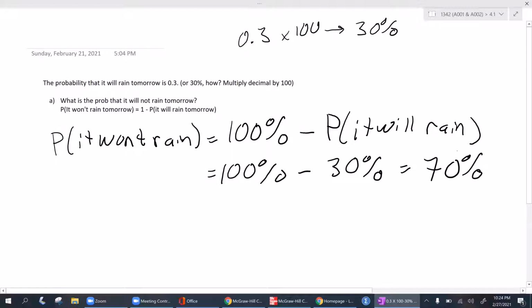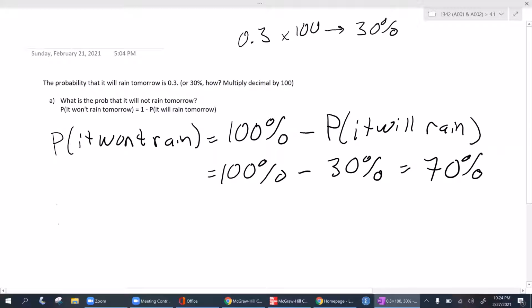And this is how you solve this numerically. We know how to do this in our head, but as these problems come up in this section, it might be challenging to do this in our heads, plus we need to show our work. Another way you can do this, if they specifically ask you not to use percentages, is to use the same formula.